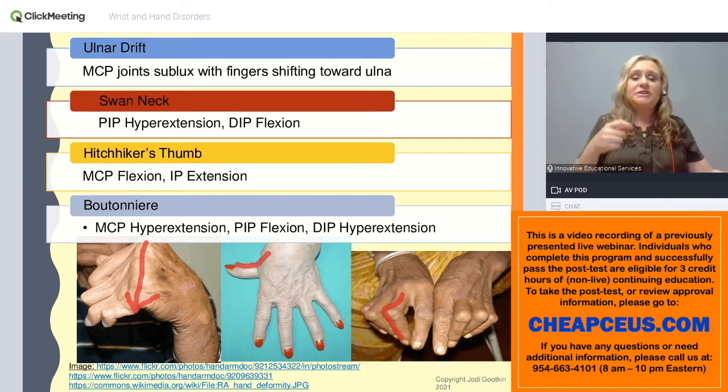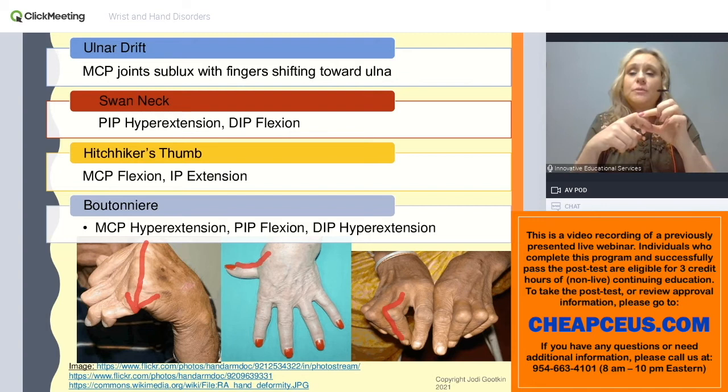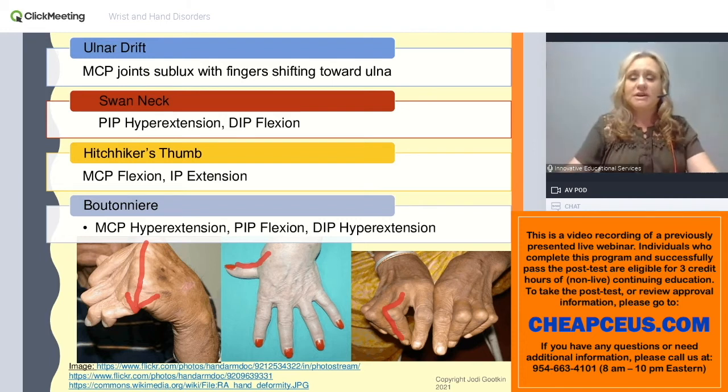So when the patient has that deterioration of the joint, they may have a shift of the lateral bands of the extensor hood mechanism. The finger extensor tendon can actually become ruptured. So you may not be able to gain range of motion, and even if you do, they may not be able to initiate voluntary finger extension.